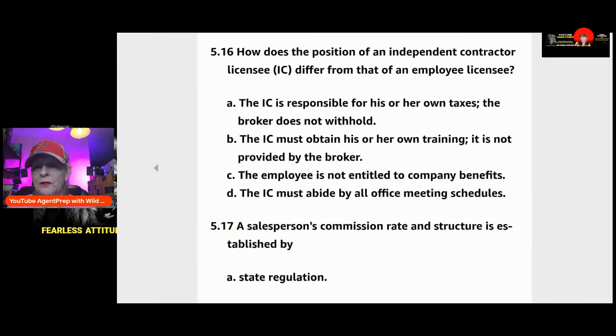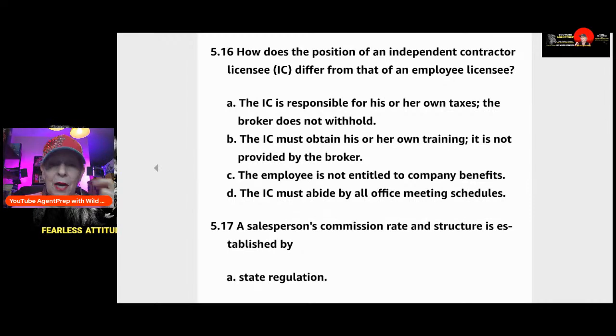So type your answer, the question number, and the letter answer in the chat. So what is different between an independent contractor and an employee licensee? So the majority of us, once we get our license, we will be independent contractors. Some realtors do become transaction coordinators.